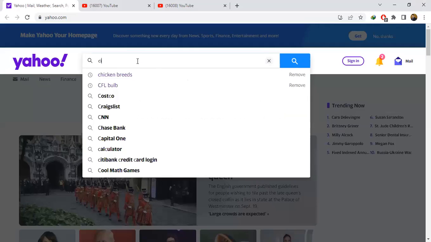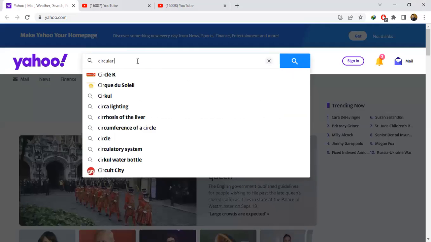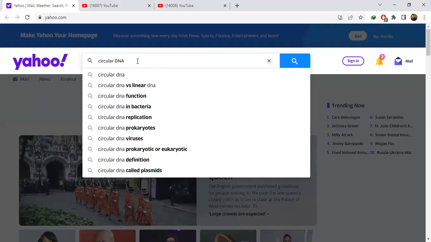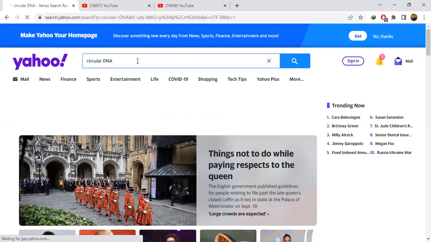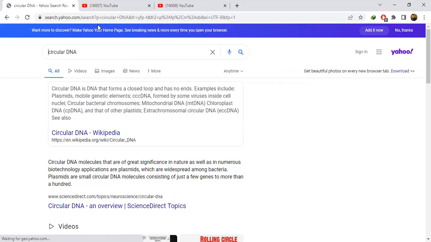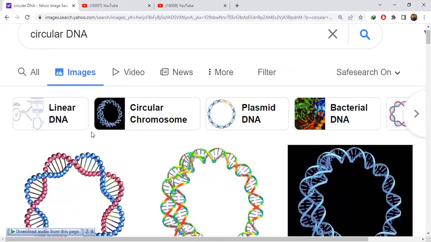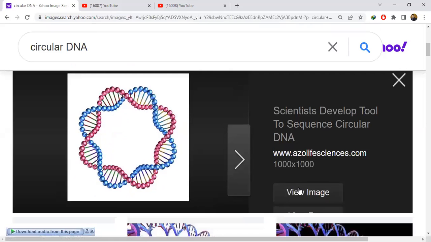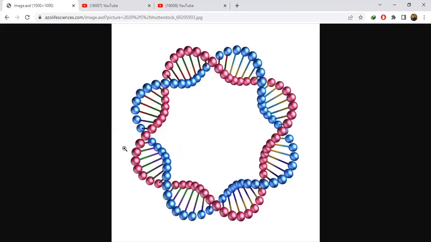Okay, you wrote it. Good. So look at this diagram. Can you see this diagram? This is what we call circular DNA. If it is circular DNA, there will be anti-parallel nature.